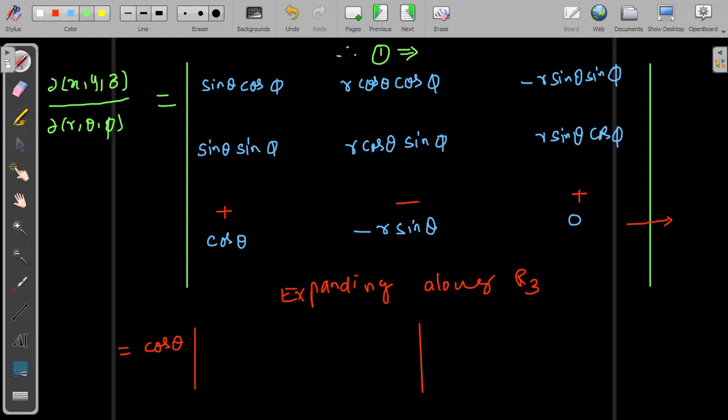Those elements are r cosine theta multiplied by cosine of phi, again minus r sine theta multiplied by sine of angle phi. Similarly, the next element is r cosine theta sine of angle phi, again r sine theta multiplied with cosine of angle phi.